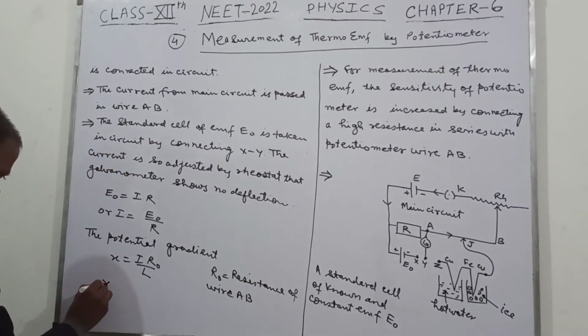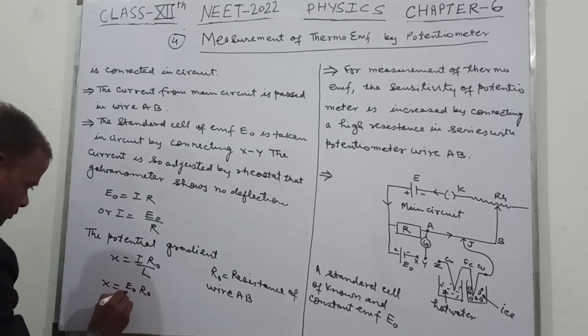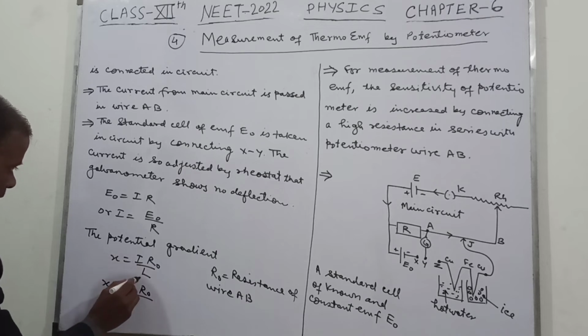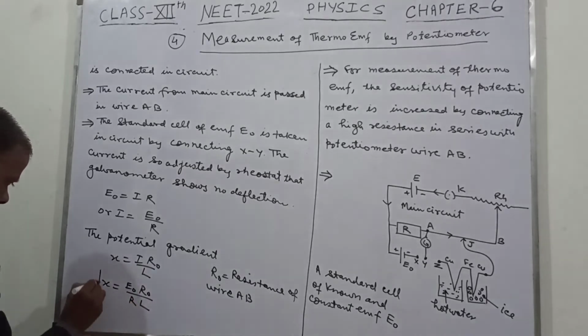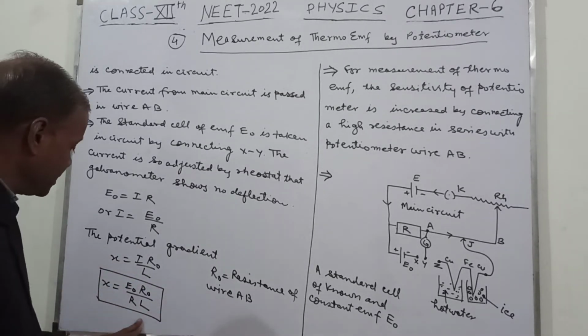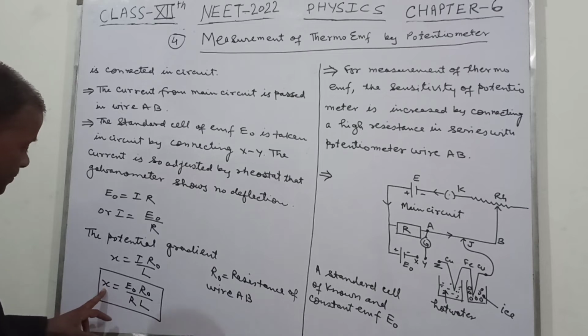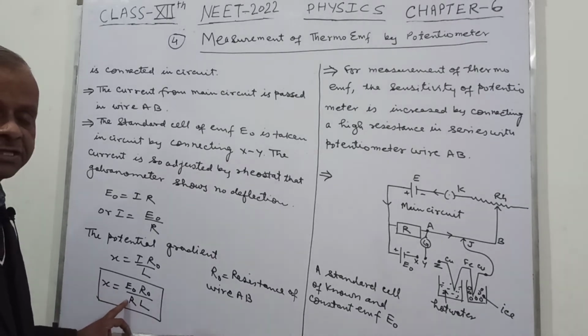So now X equals E0 R0 upon R into L. Now this is the potential gradient, and you know that this potential gradient becomes very low due to the high value of resistance R.